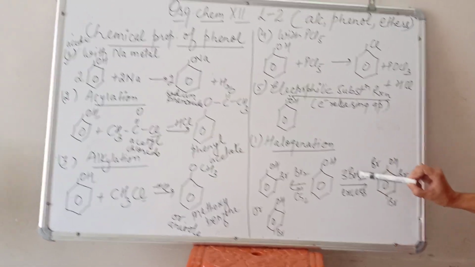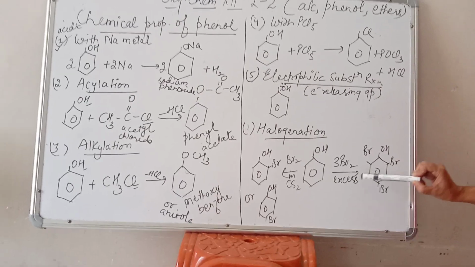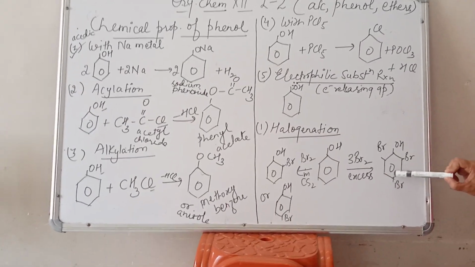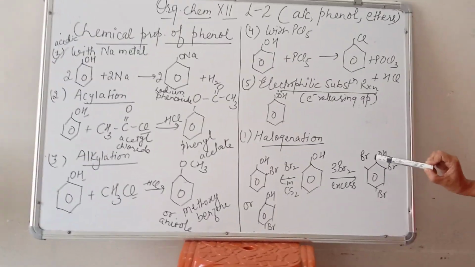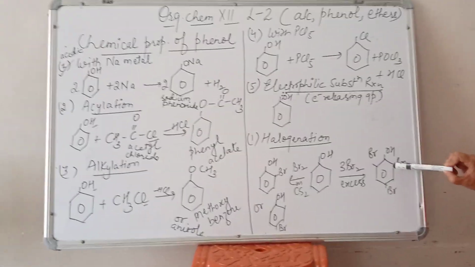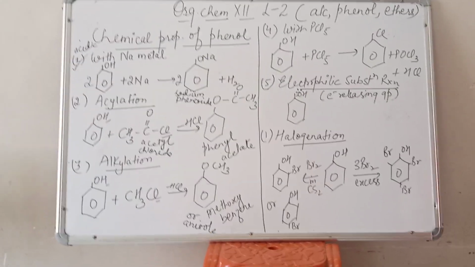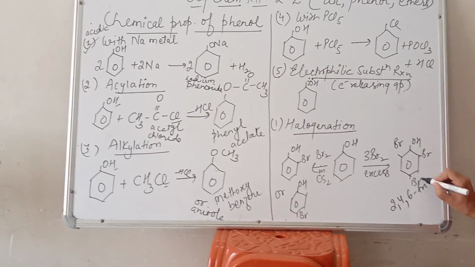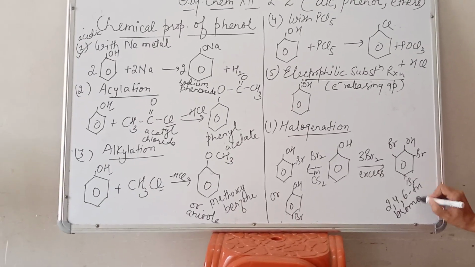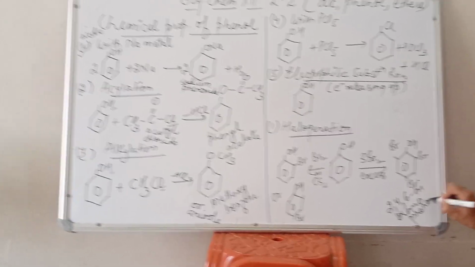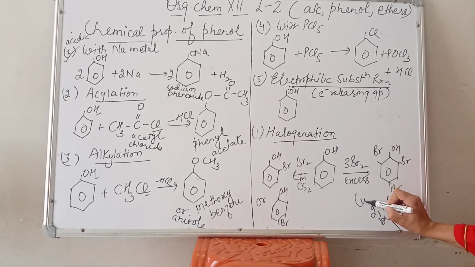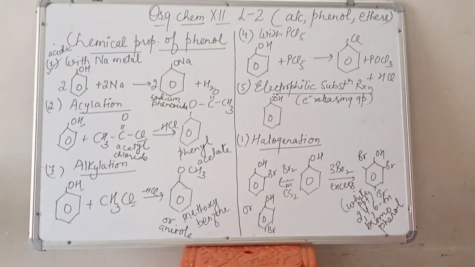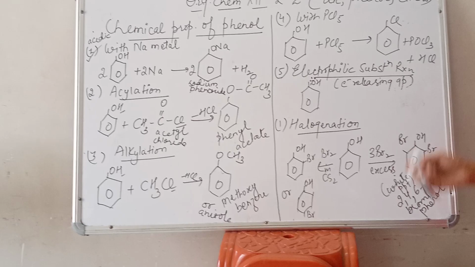But if phenol is treated with bromine in excess, so what happened here? Because all the three positions, ortho and para positions, are electron rich, bromine will take these three positions and the resulting compound is known as 2,4,6-tribromophenol and it is an insoluble compound, so white ppt is produced and this test is used in practical chemistry also.